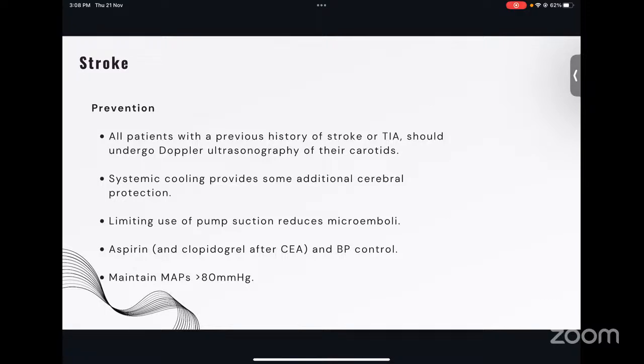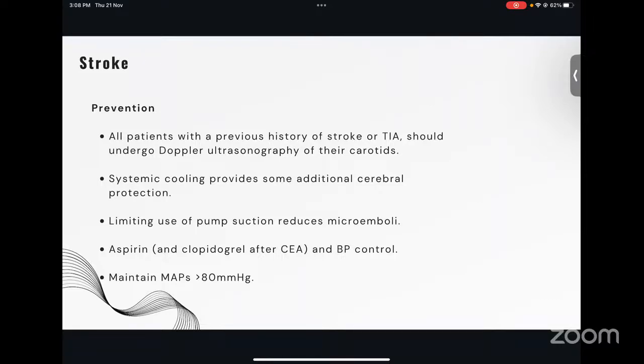Prevention of a stroke. Start with carotid endarterectomy. The single most important preoperative intervention is to identify significant carotid disease. All patients with a previous history of stroke or transient ischemic attack, or with a carotid bruit, should undergo carotid Doppler.